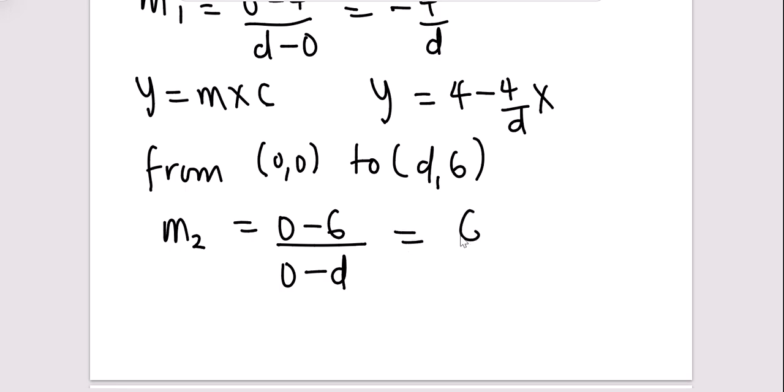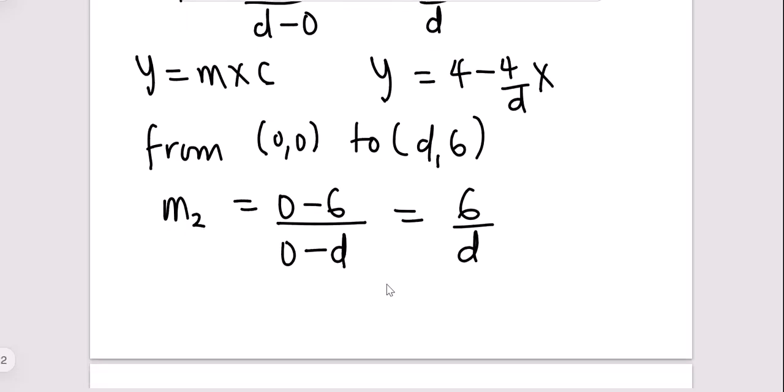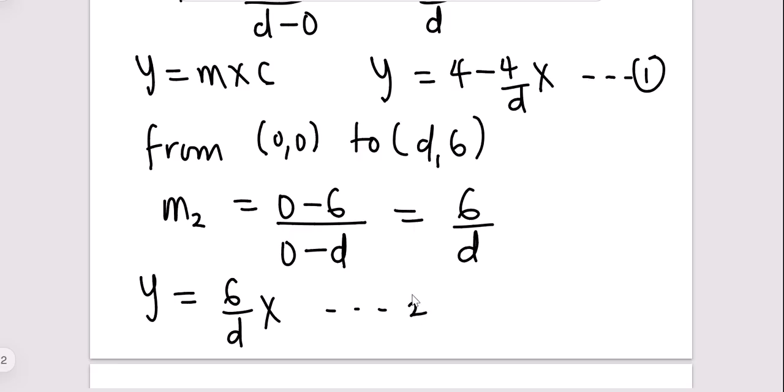So here we have 6 over d. In this case, our intercept is 0. So our equation of a straight line is going to be 6 over d x. Now we have the first equation of the straight line. I'm going to call this my equation 1, and I'm going to call this my equation 2.